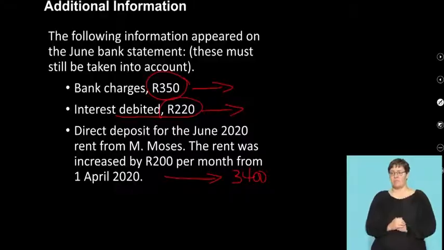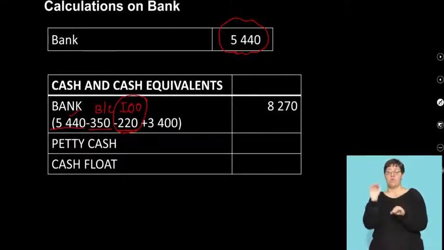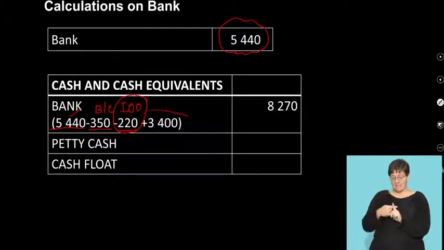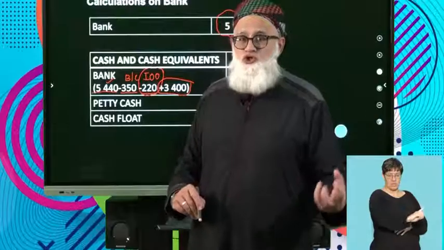Okay, but obviously for calculation purposes, all of them are decreasing your bank figure. Therefore, we say 5,440, which was my starting figure, minus the bank charge, minus the interest on overdraft, and plus the 3,400. Clearly you can see that that was your rent amount that was directly deposited into your bank account. So obviously it's going to increase your bank account.